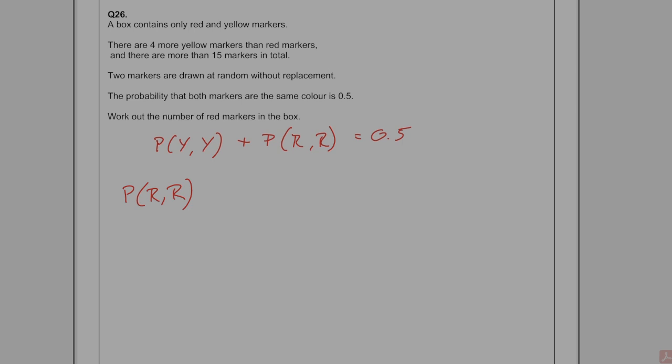So the probability of picking a red marker the first time is R divided by 2 lots of R plus 4, so 2R plus 4. And then the probability of picking a red marker the second time is now R minus 1 divided by 2R plus 3.